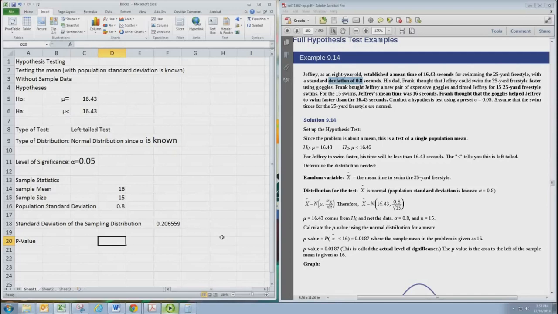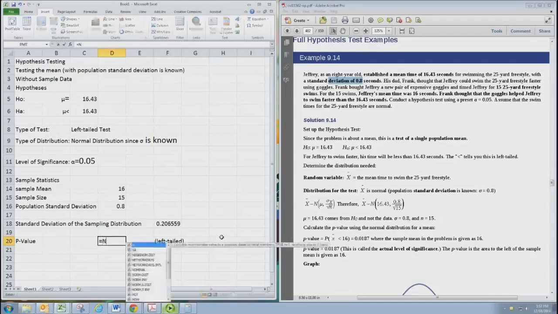This is a left-tailed test, so we will have the left-tailed p-value, but so we can do fewer examples and generalize what's going on, I'm going to go ahead and put in the formulas for all the p-values. And so we're using the normal distribution, and we want the area to the left for a left tail.